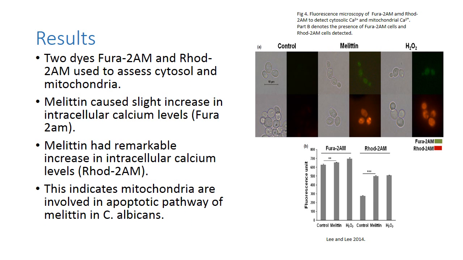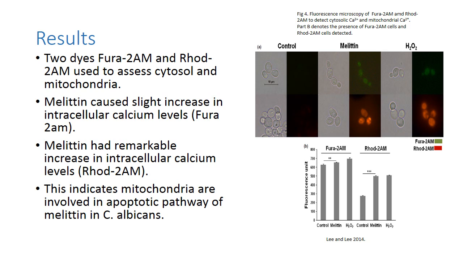So the next slide shows the fluorescent microscopy of Fura-2 AM and Rhod-2 AM. Those are 2 dyes that detect the cytosolic calcium concentration and mitochondrial calcium concentration, as seen in the diagram.